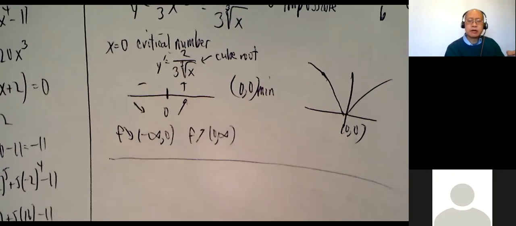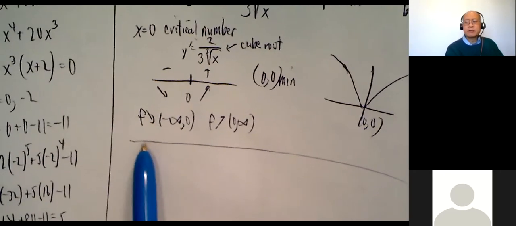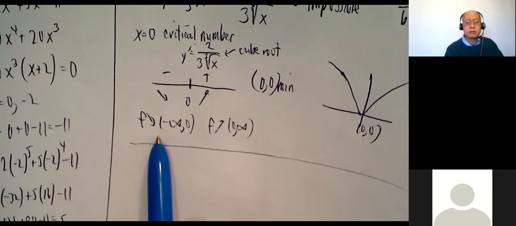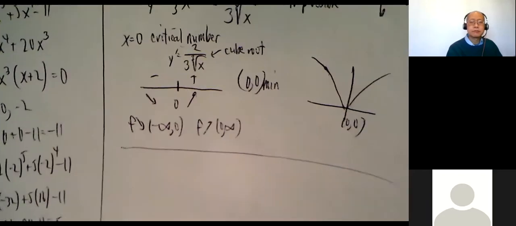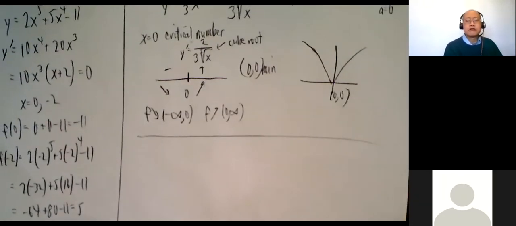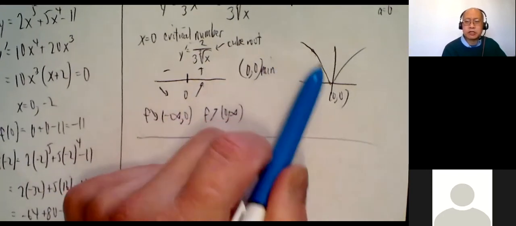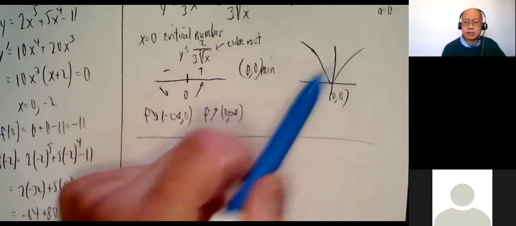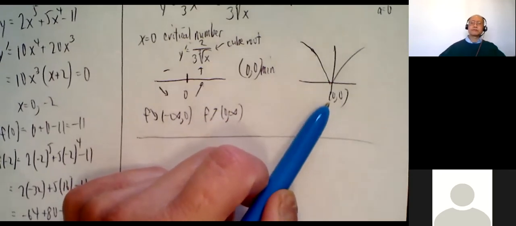Decreasing, increasing. Okay, so f is decreasing from negative infinity to 0, and f is increasing from 0 to infinity. Okay, so the derivative is not defined, so I must have a corner point. And indeed the graph looks something like this. It bounces like so. Okay, corner point at the origin, 0, 0.